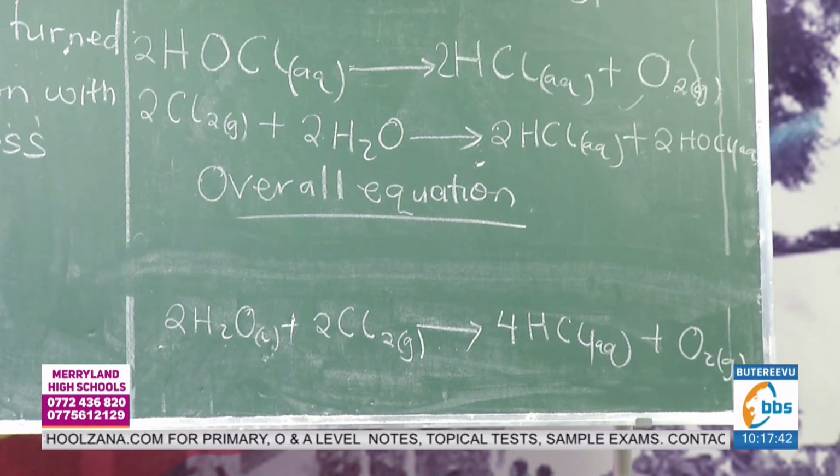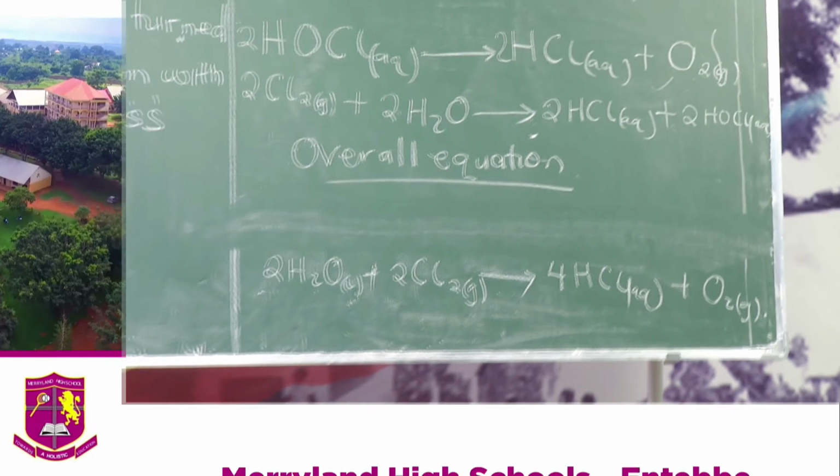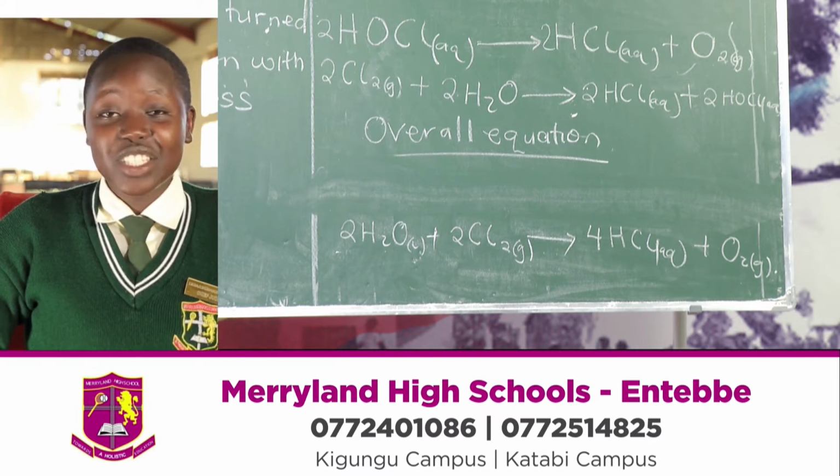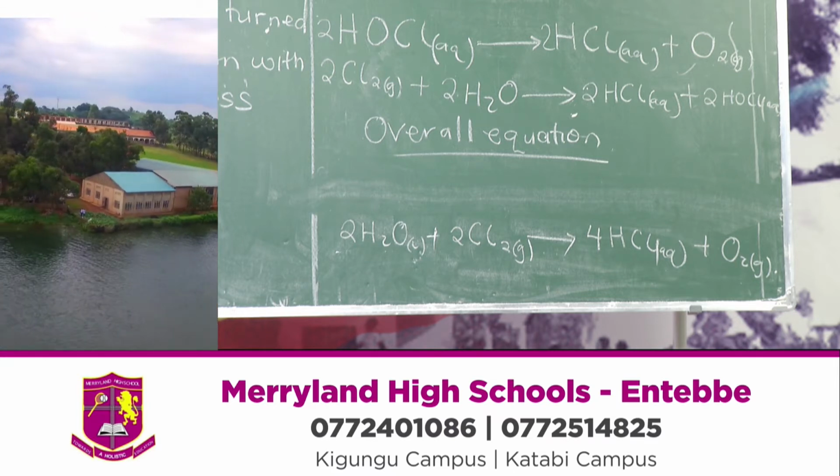Our observation: the explanation is that chlorine water, okay, is a mixture of hydrochloric acid and then hypochlorous acid, okay? And it is a pale yellow solution. But when exposed to sunlight, what happens? The hypochlorous acid formed is a very reactive compound.